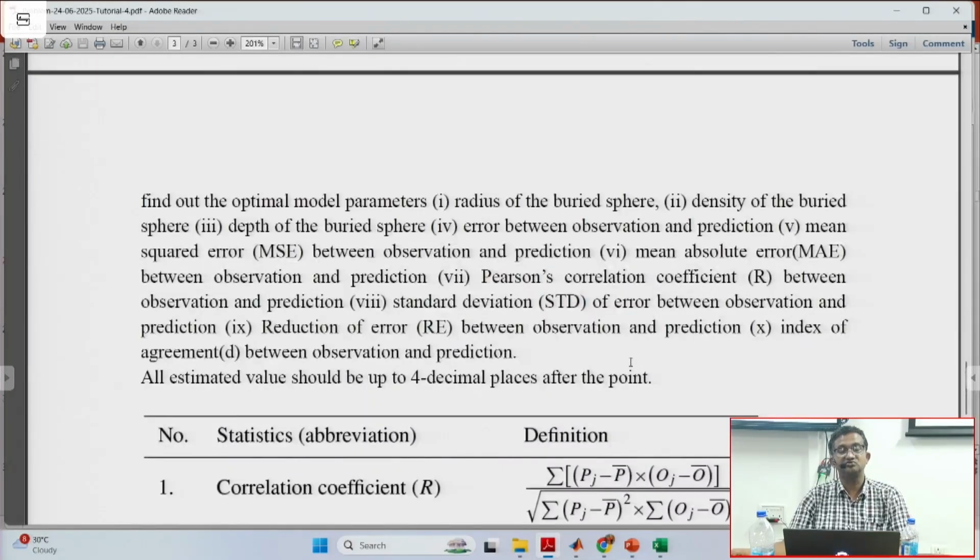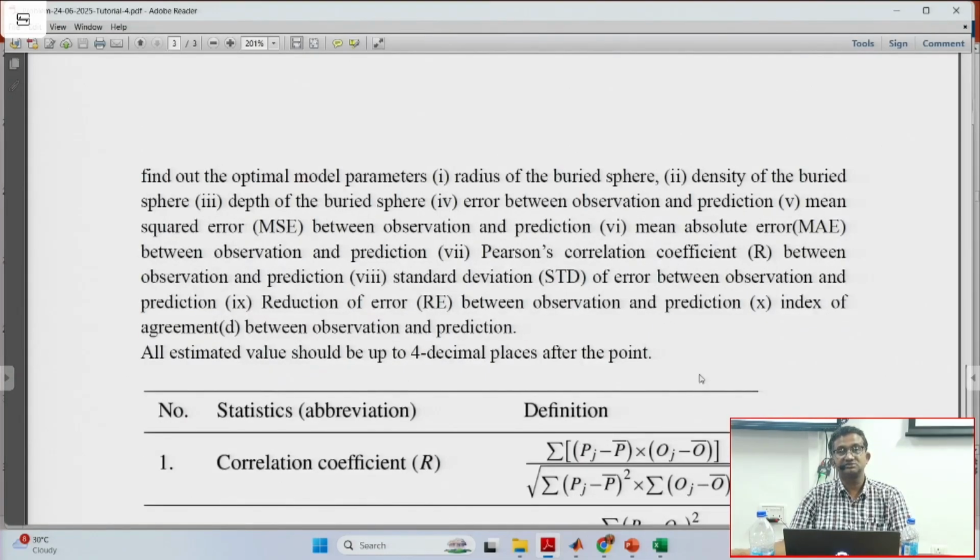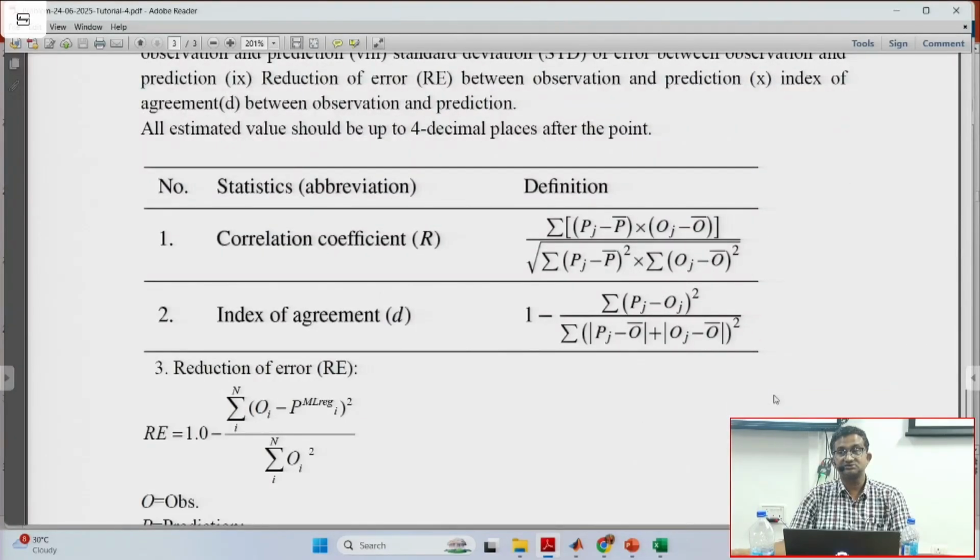With that, we need to come up with the optimal model parameters, and with these optimal model parameters you also need to compute all this statistical information to see what the fitting is: mean square error between observation and the predictions, mean absolute error, Pearson correlation coefficient, R square as the coefficient of determination, standard deviations of these types of errors, reduction of the errors, and the index of agreement. The formula has been provided.